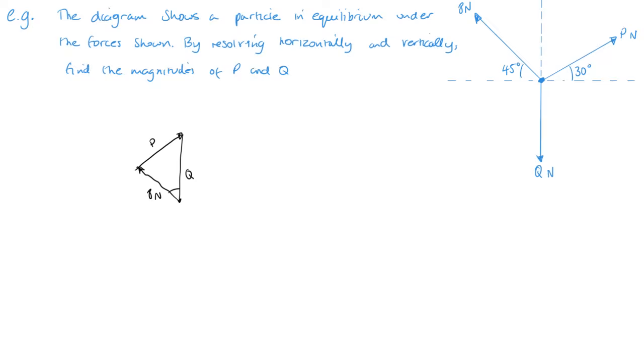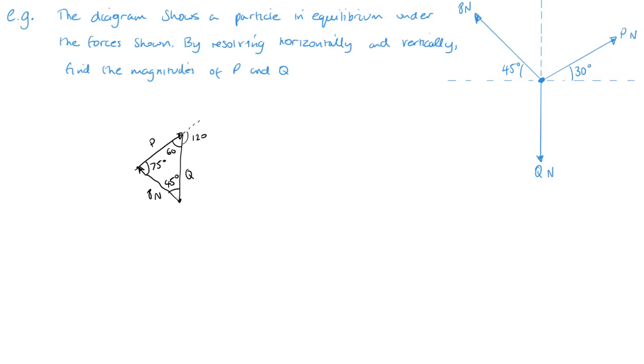Between the 8 and the Q is 45 degrees. Between P and Q is going to be 90 plus 30, so 120. So this is 60, and then all I've got left there is 75 degrees. Once I've got this, I can use the sine rule.